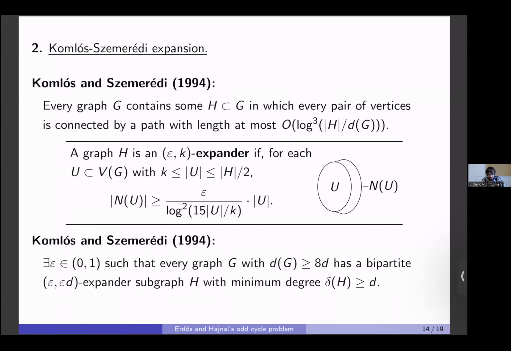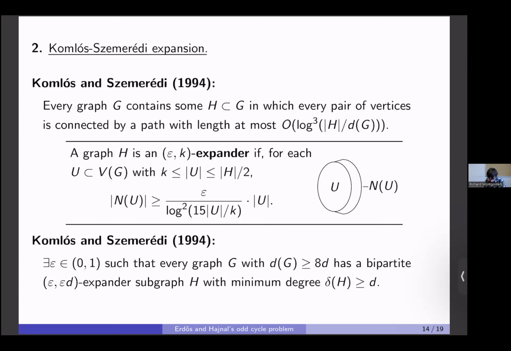And then we also have a nice minimum degree condition as well. So by dropping a factor of 8 in the average degree, we get some expansion property as well as the more normal minimum degree property. So it's a very weak expansion, but we can find it in even incredibly sparse graphs.